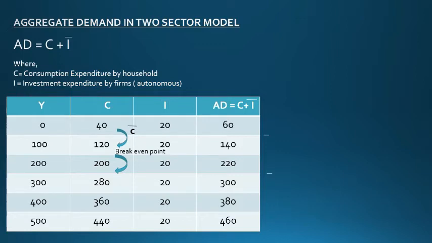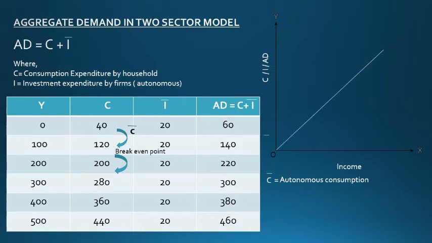To understand more about aggregate demand in the two-sector model, let's understand this through the graph. So initially on the x-axis we plot the income, and on the y-axis, the consumption, investment and aggregate demand. Now we know that as the income is increasing from 0 to 500, an upward sloping curve originating from the origin is the income curve, which is exactly drawn at a 45-degree angle.